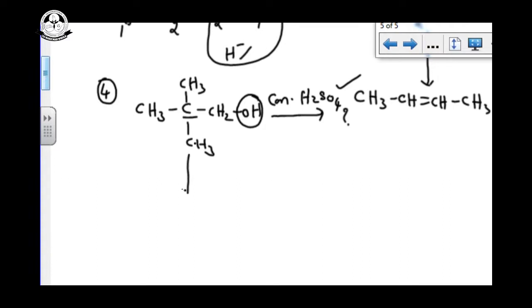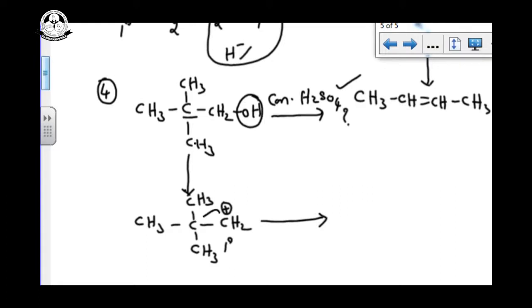See, I am writing. First I remove the OH minus and I am writing the reaction intermediate, that is the carbocation. This carbocation is the primary carbocation. Suppose the cation is shifted to here and this CH3 group is shifted to here.